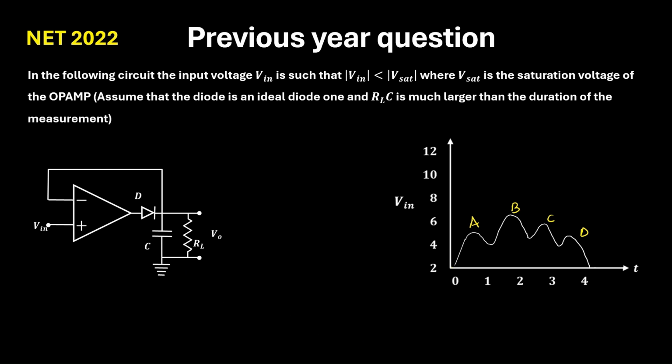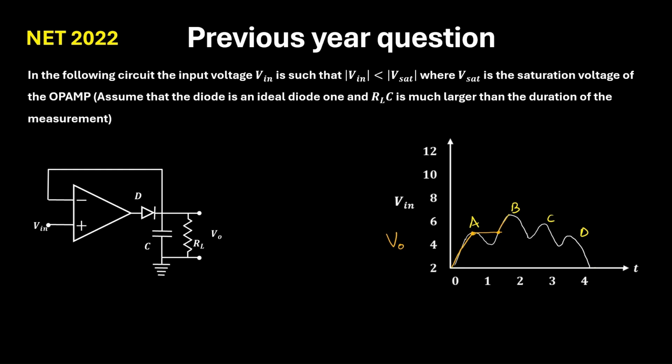Now we can draw the output. I'm drawing the output in the same graph with orange color so that it will be easy. So initially the output will increase and reach the peak value. Now after this it will maintain a constant value here, but after this point here, the output is increasing beyond this peak value.